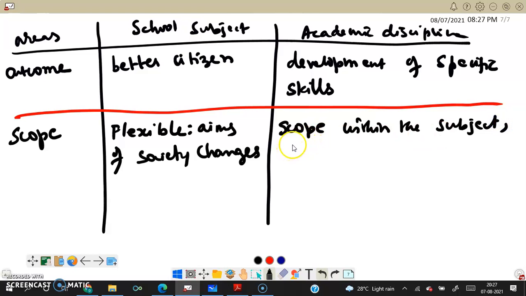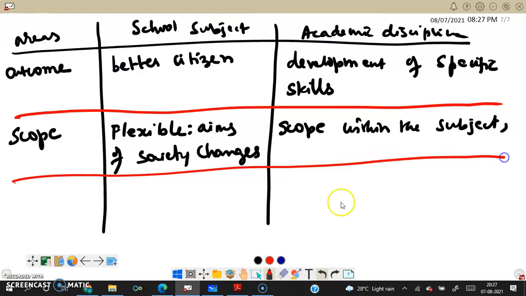It is a narrower point of view compared to school subjects. Curriculum construction: what is curriculum construction?